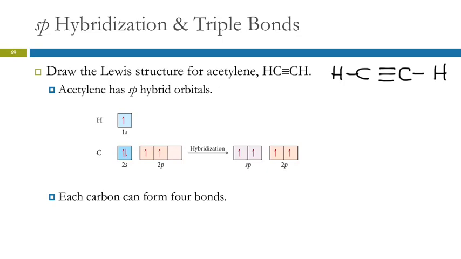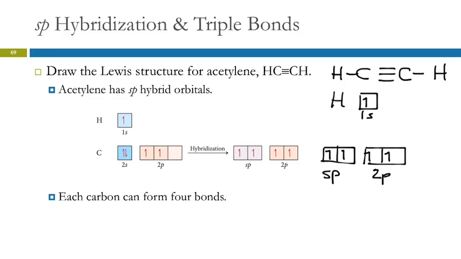Carbon with 2 hydrogens on it. You get the idea. We need a second carbon. Let's just draw all of them out here. So there's sp and there's 2p. And we've got another hydrogen as well. Okay, now we can talk about this a little better.